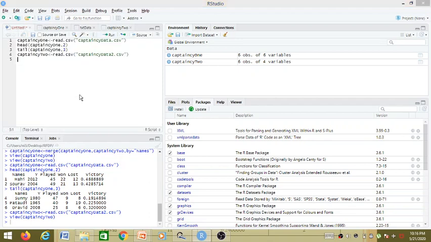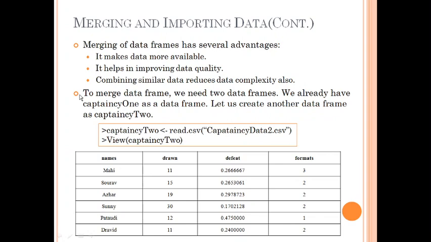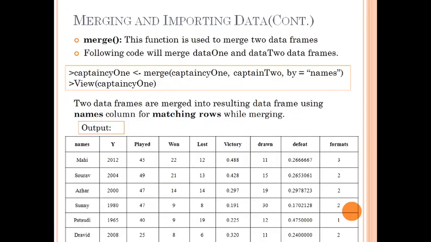For combining two data frames, it is necessary that both data frames have at least one column with matching data in it. Like here, in both the captaincy 1 and captaincy 2 data frames, we have a column named names which has some common values in it. Based on that, the merge operation will be performed. This merge from R programming is exactly similar to the join operation from databases.